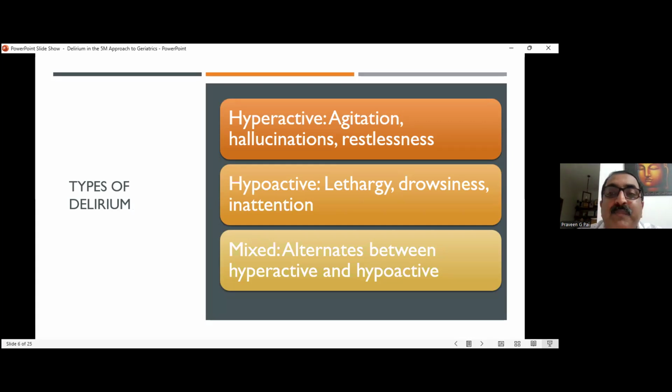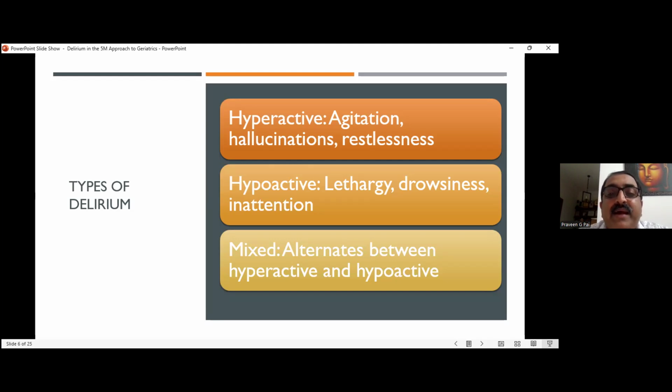Somebody who is bedbound, we can understand from their facial expression, from the way they stare. They may not be able to move their limbs to show their aggression, but you can make out from the eye movement, the facial expressions, and the wrinkles on the forehead, which read a lot. So hyperactive delirium is one.